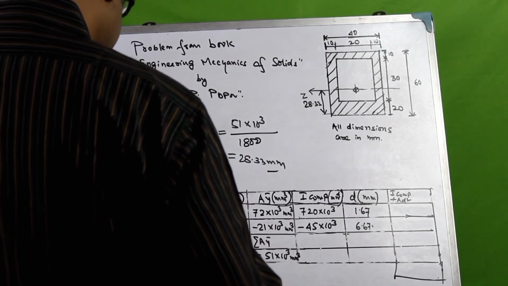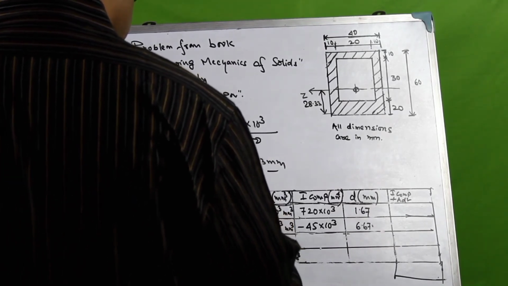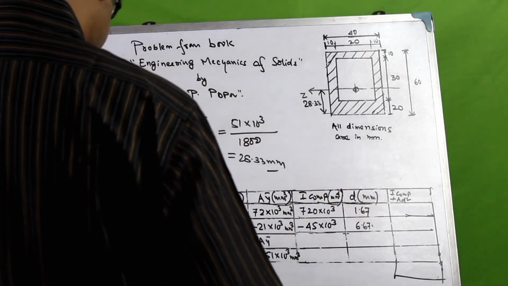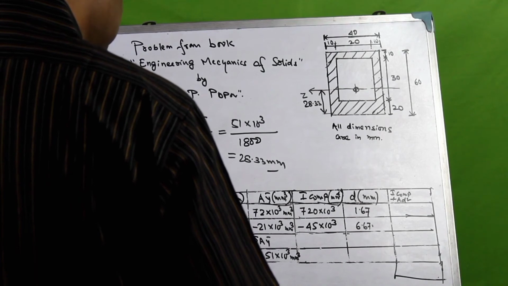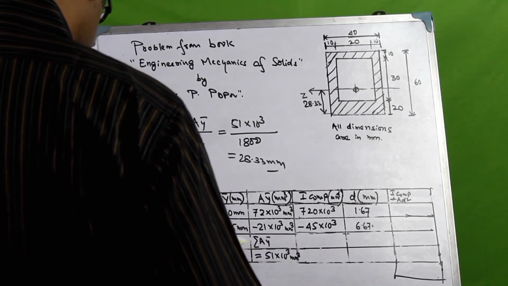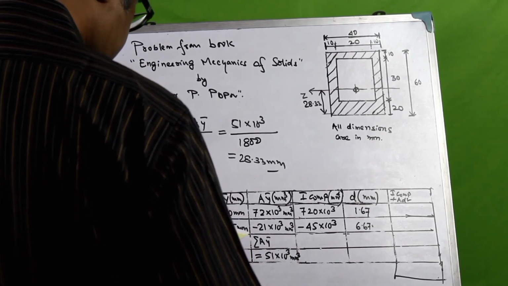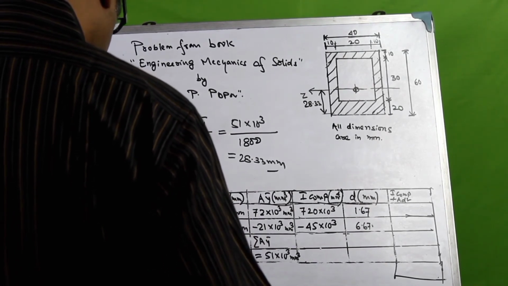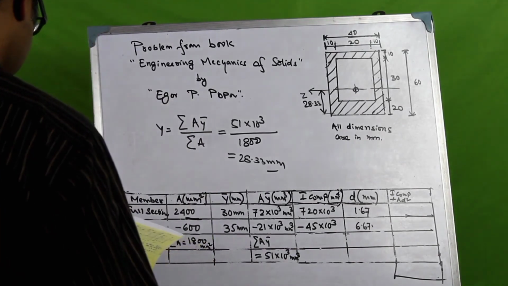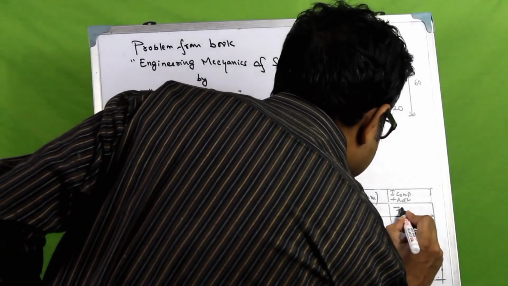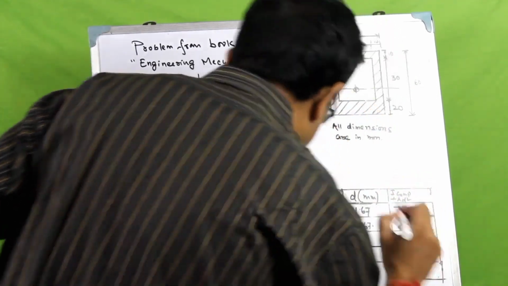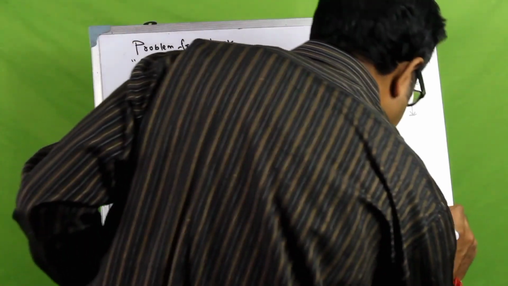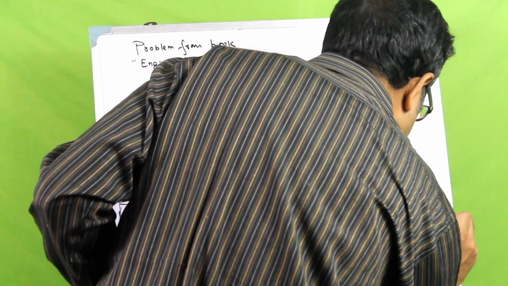Plus, what is the area here? The area is 2400 into D, which is 1.67. So 1.67 squared would come out as a big number. If I divide that by 1000, then that comes out to be 726.7. I have divided that by 1000, so it would be 10 cube millimeter to the power 4.